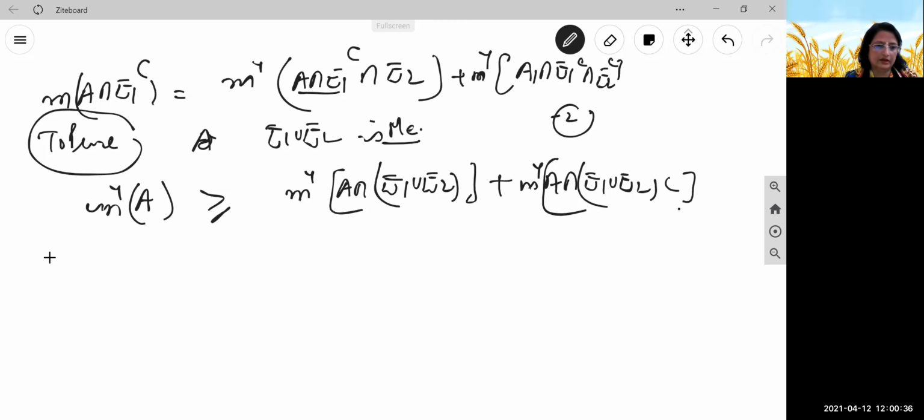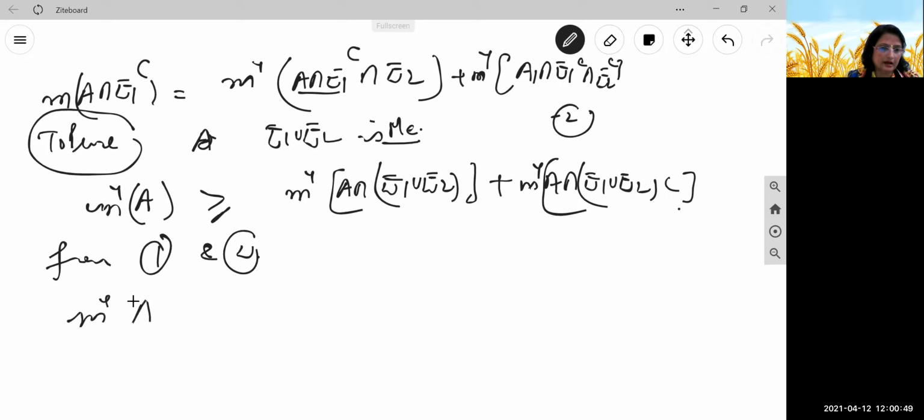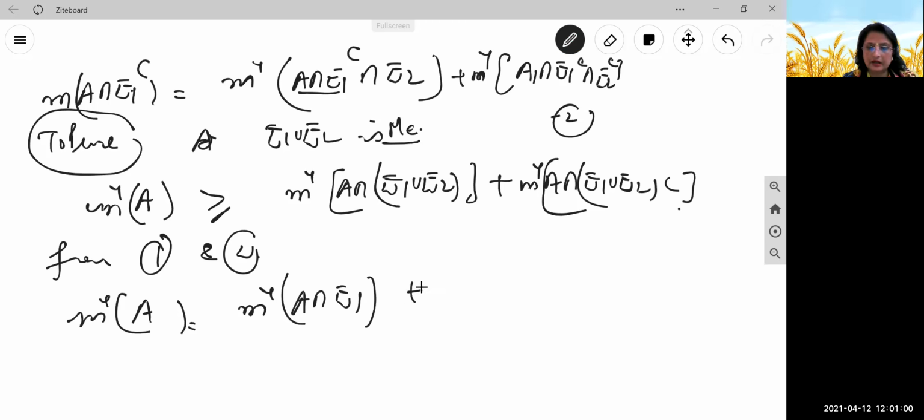Now from 1 and 2, अब 1 और 2 में हम क्या करेंगे? Now 1 क्या है? M star A, which is equal to M star A intersection E1 plus M star A intersection E1 complement. Now I will put the value of this whole expression here.